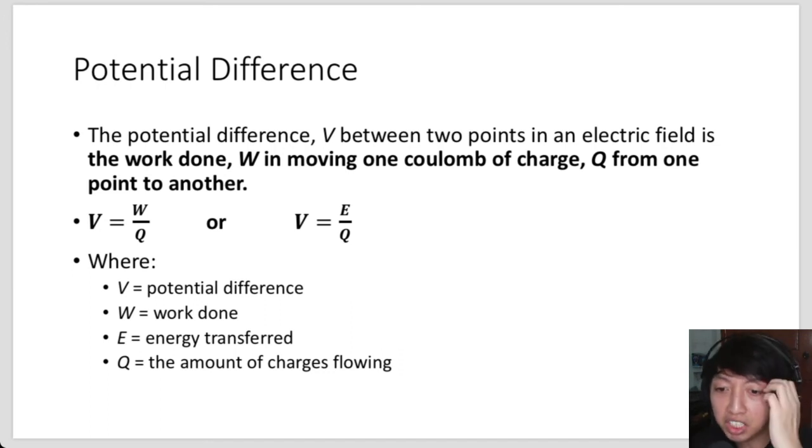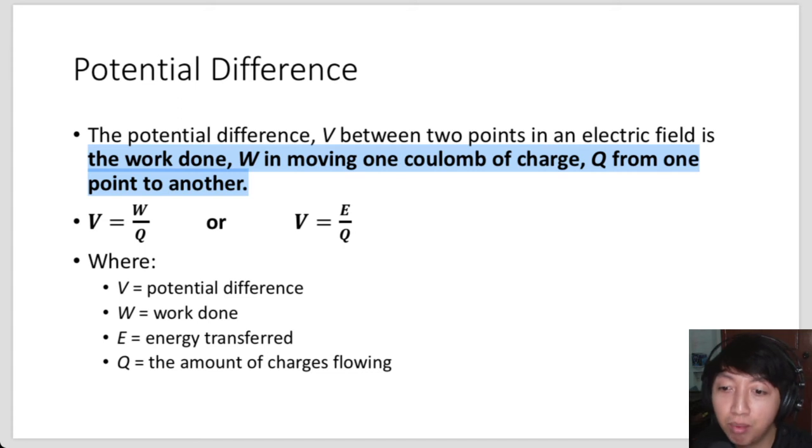Now, the potential difference V between 2 points in an electric field, if we go by the textbook definition, is the work done W in moving one coulomb of charge Q from one point to another, or moving one coulomb of charge Q between 2 points.